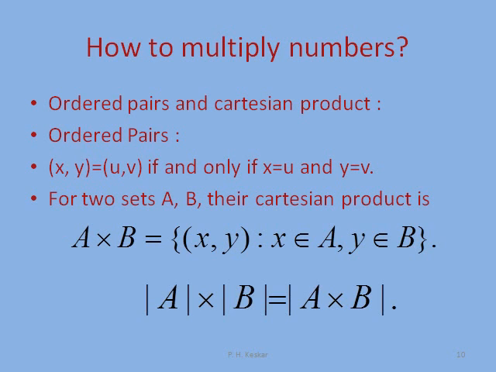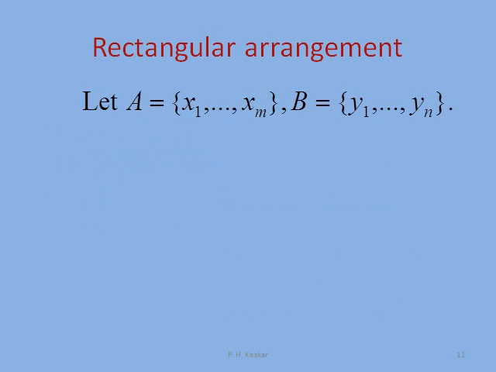Then you can see that the product of these numbers, the number of elements in A multiplied by the number of elements in B, is again the counting of some set, precisely the counting of the set A cross B. And we can represent this counting in a rectangular arrangement. Suppose A contains m elements x1 up to xm, and B contains y1 up to yn.